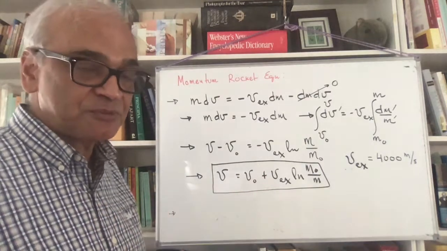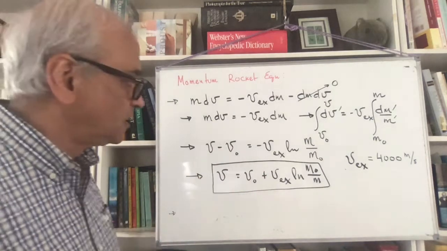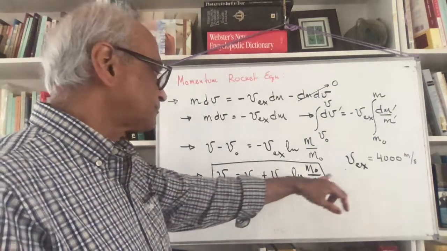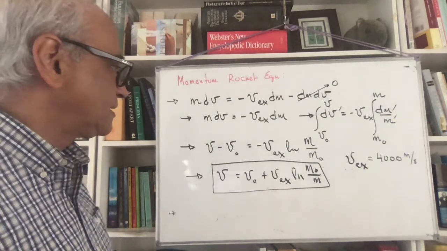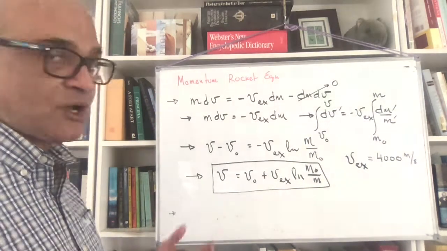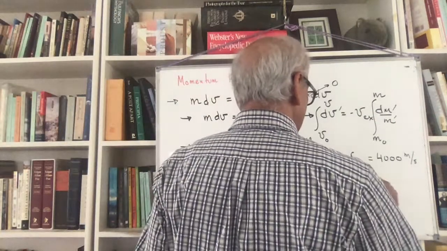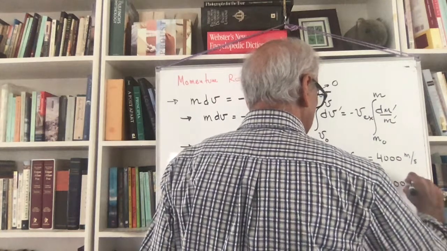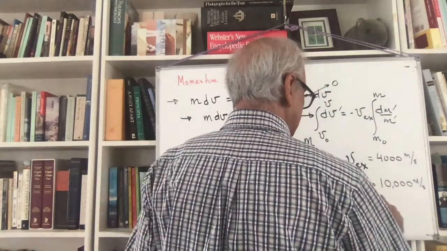You want 10 or 11 kilometers per second rocket speed if you want to go towards Jupiter or wherever. So you have 4,000 meters per second, and let's say I want the rocket to achieve a velocity of 10,000 meters per second, let's say from zero velocity.